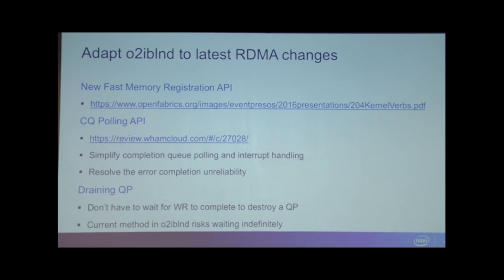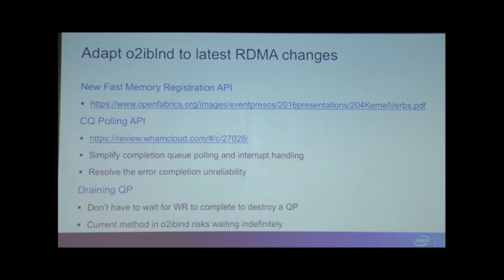The point of that, the CQ, is that it will simplify the queuing mechanism, or the completion queue polling algorithm that we do right now. Then there's another one which I think is fairly important, draining the QP. Right now, when you create a connection between two peers and you try to close that connection, if there are any outstanding work requests on that connection, we have to wait for all the work requests to complete before we can close the QP.